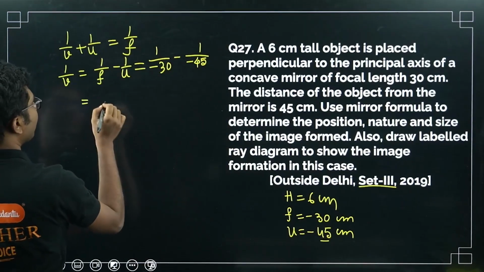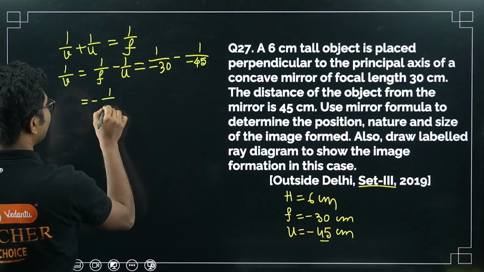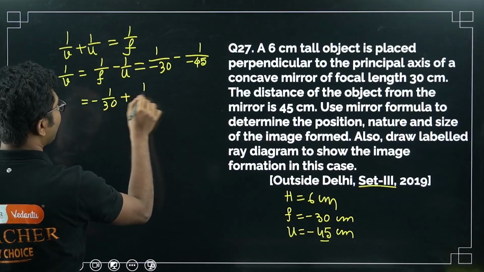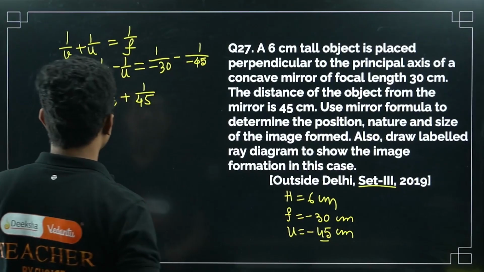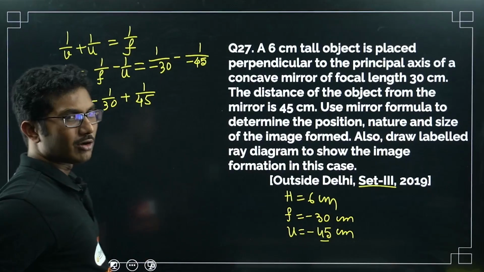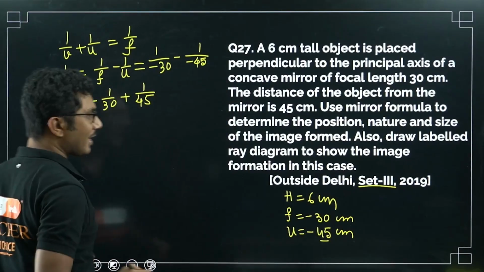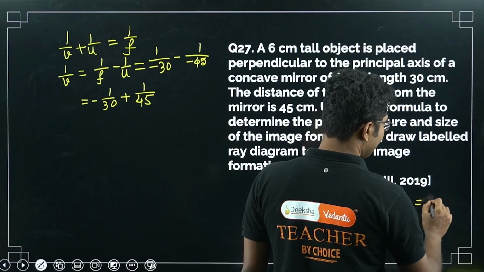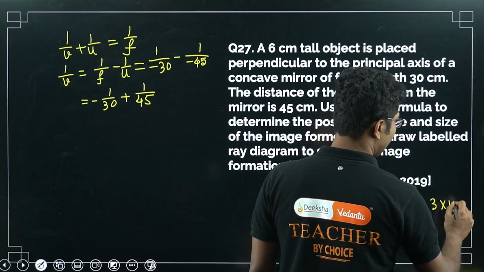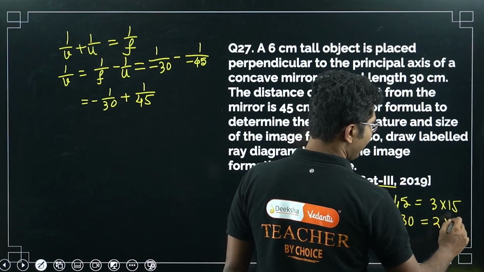So it will be minus 1 by 30 plus 1 by 45. Now what will be the LCM of these things? Very interesting. If you see, 45 is 3 into 15, and 30 is 2 into 15.